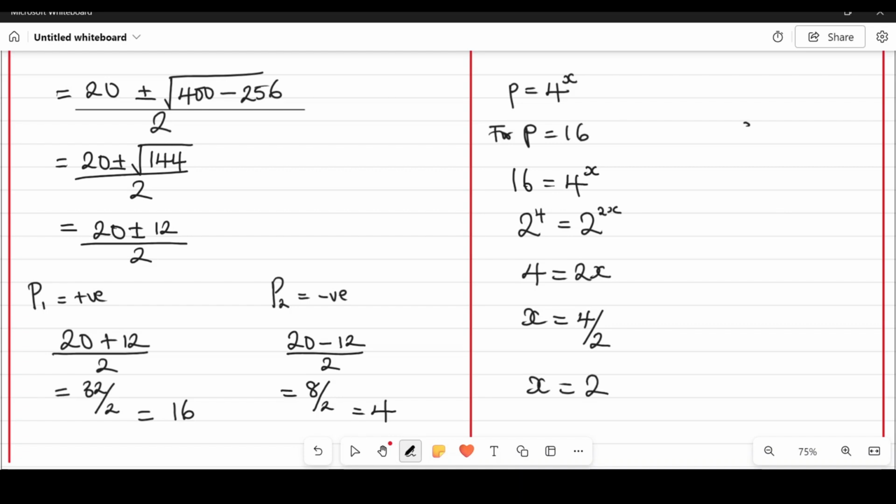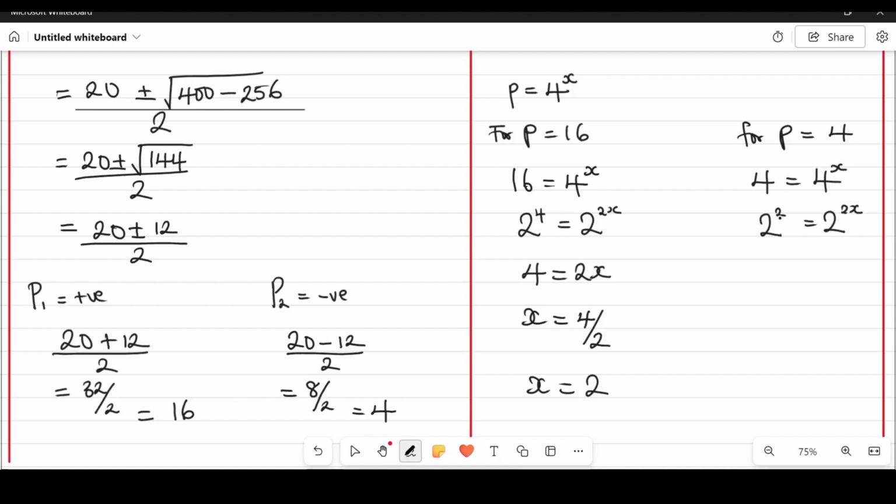Also, we know that for p equal to 4, we have that 4 equal to 4 raised to the power of x. At this point, this can be written as 2 raised to the power of 2 equal to 2 raised to the power of 2x.